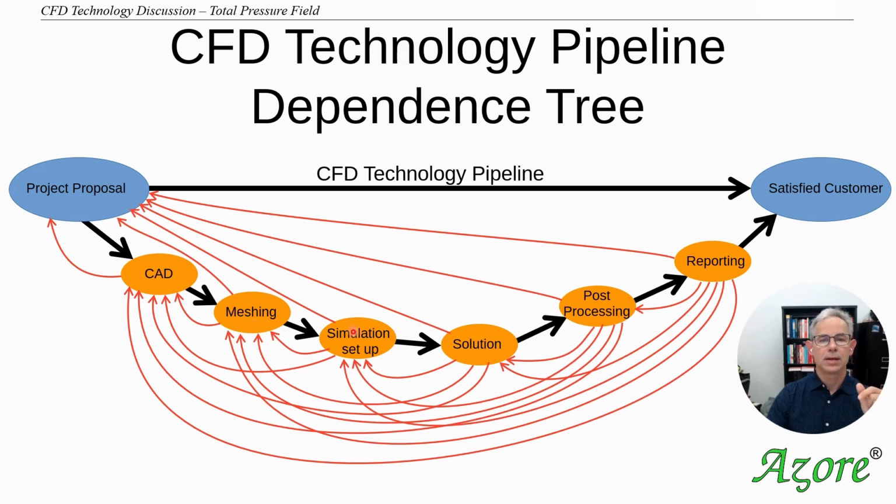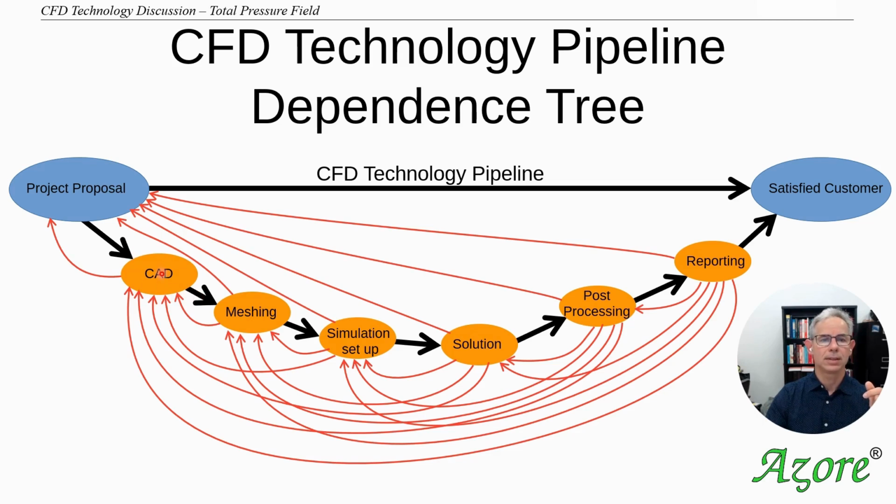Then when you get down here, you have your simulation set up. What physics am I going to have in there? All of these things depend on one another. Your CAD geometry depends on your project scope and your domain, and your meshing also depends heavily on how your CAD is done.